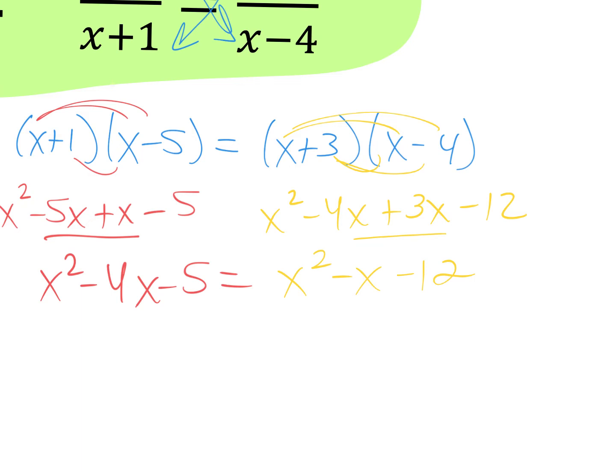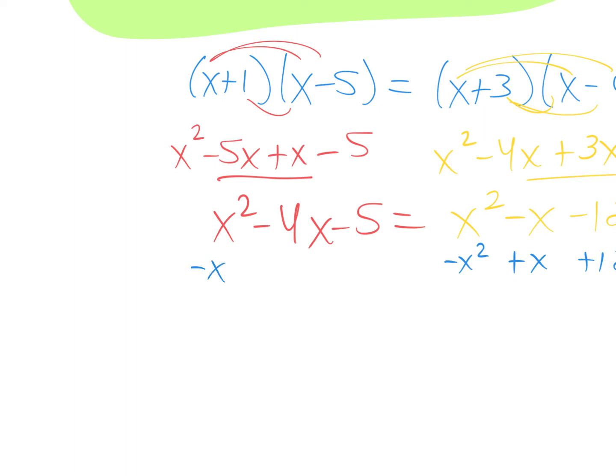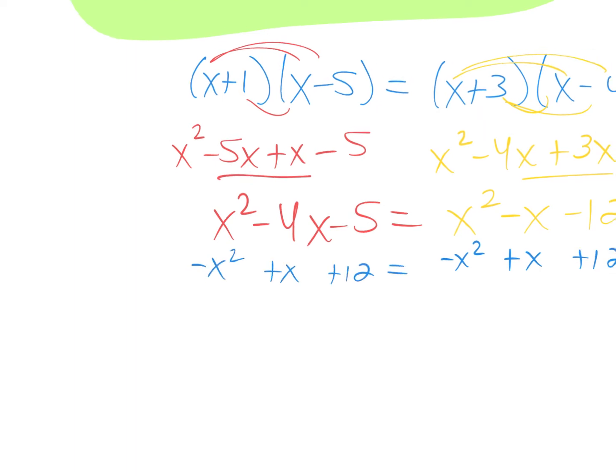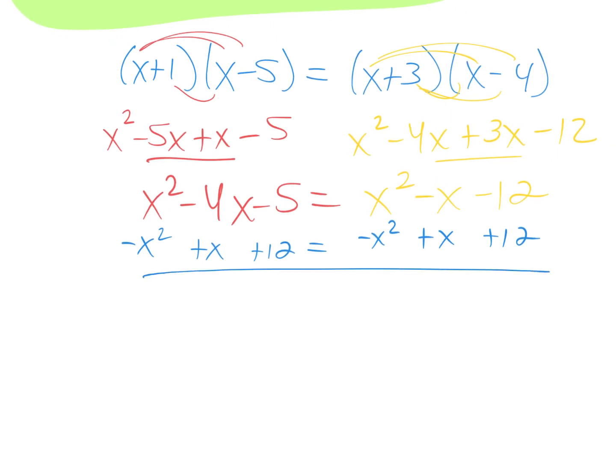Everybody with me? Okay, we have a quadratic, guys. So generally, when you have a quadratic, you move everything to one side and then factor it. So I'm just going to move everything to the left. I'm going to subtract x squared, add x, and add 12. Over here, I'm going to subtract x squared, add x, and add 12. On the right, it's just me.